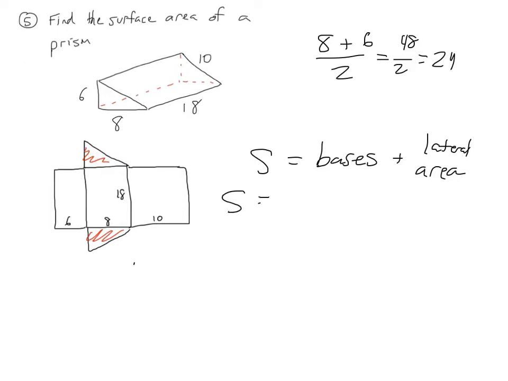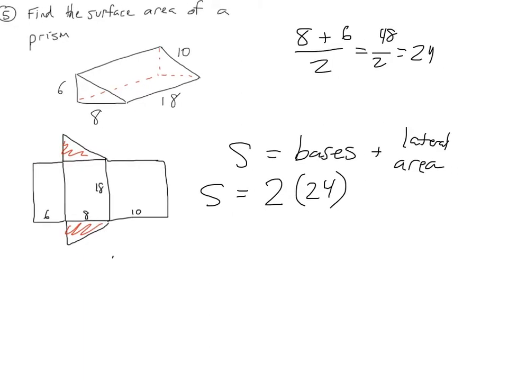So we're going to keep writing our formula, and we have 2 triangles, both of which we said have area of 24. Now, how about the lateral area? When we created the net, what we found was that we're going to have one width that's 6, one that's 8 that came from there, and then the other one is 10, which came from there.